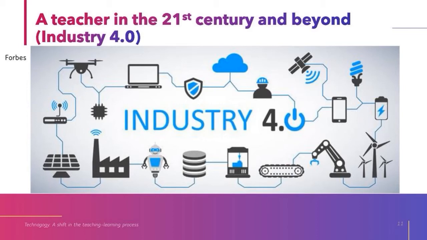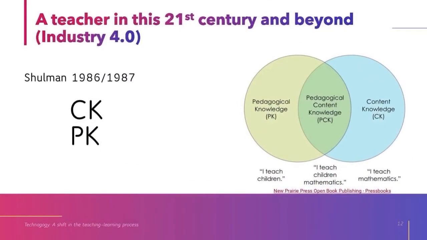You will say that Shulman, between 1986 and 1987, said that if you are a teacher, then you must have what we call content knowledge. Not only content knowledge, if you are a teacher, you must have pedagogical knowledge.